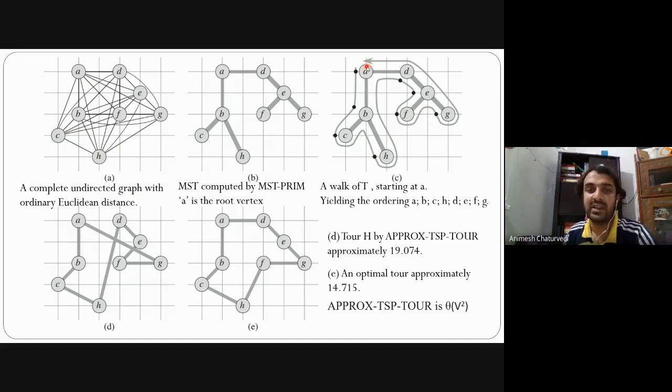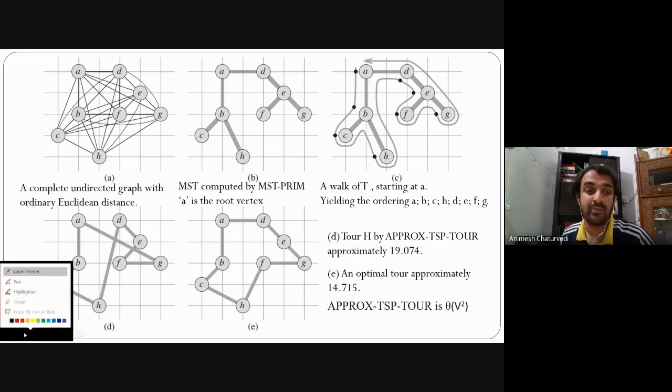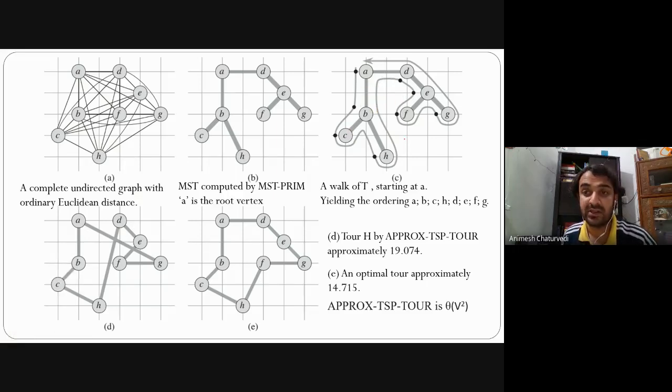Now the thing is that you need to create a tour from this walk. This is a walk of the tree. Now you need to convert this into a tour. What is a tour?